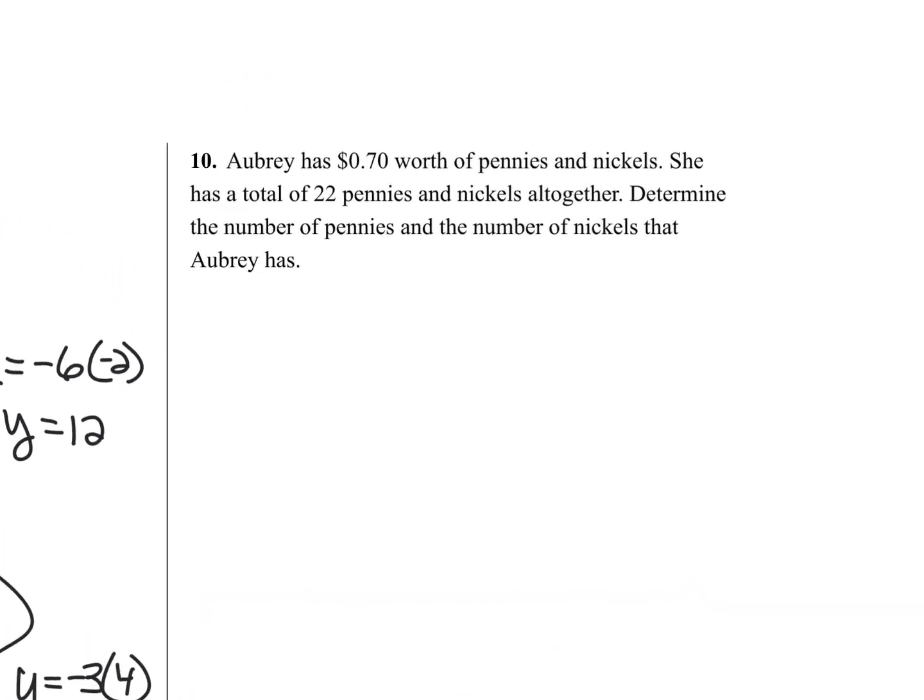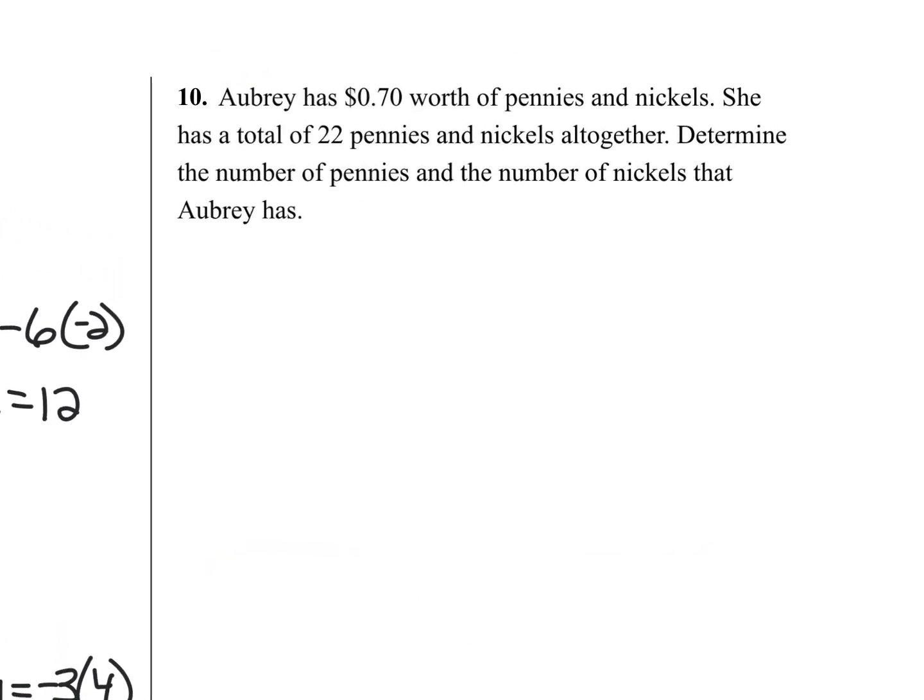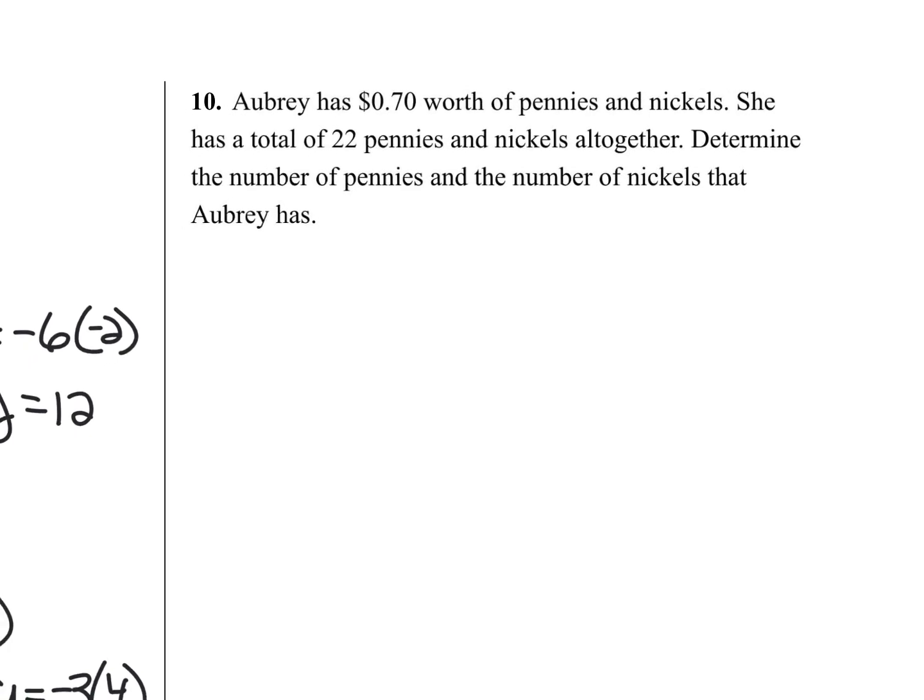All right, let's look at number 10. Aubrey has 70 cents worth of pennies and nickels. She has a total of 22 pennies and nickels, so 22 coins. Determine the number of pennies and the number of nickels.